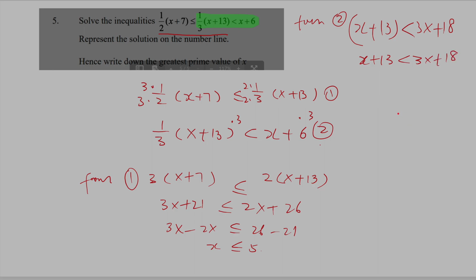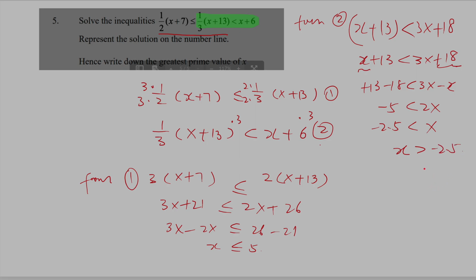For this, there are two ways to do it. I will show you why I move the x over. Because by moving the x over, I don't have to deal with switching the sign. Can you see I don't have to switch the sign? So it's x bigger than negative 2.5.